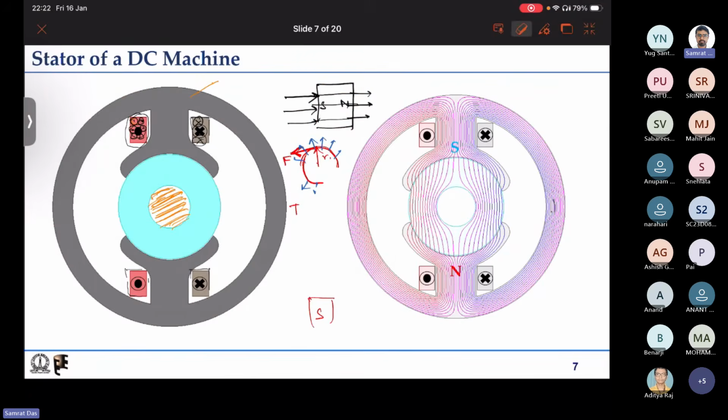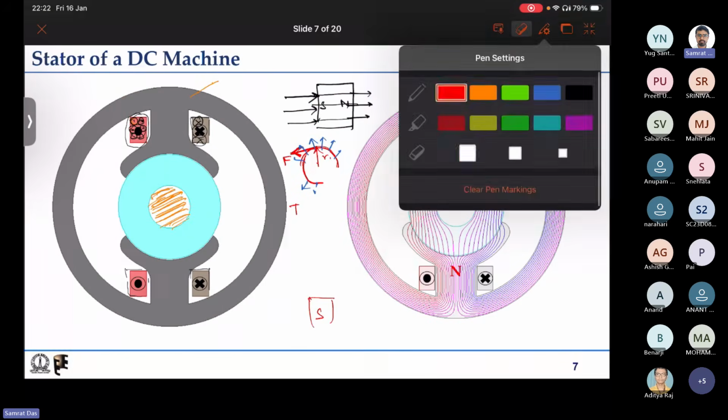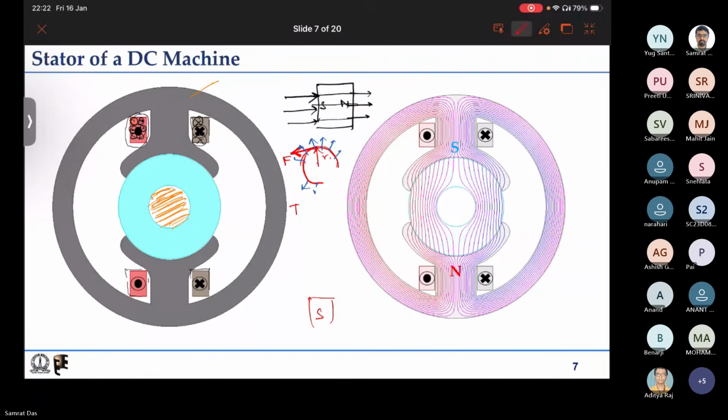This is the flux line distribution due to a DC machine, and you see I can easily draw an imaginary line at the middle. Basically, my drawing can intersect with certain lines, but in the actual case it will not.